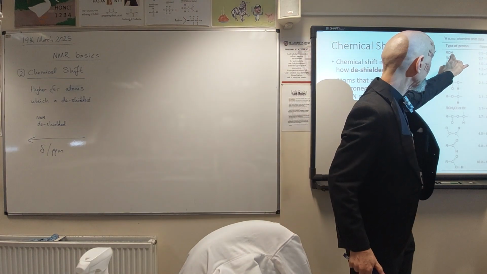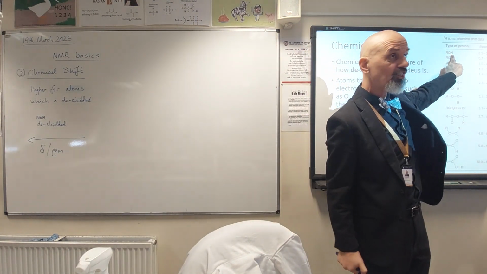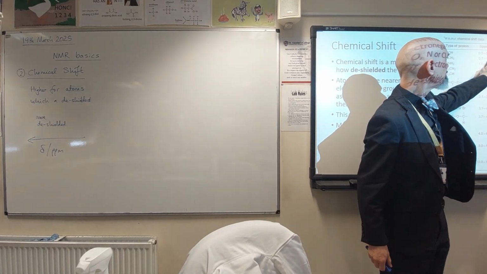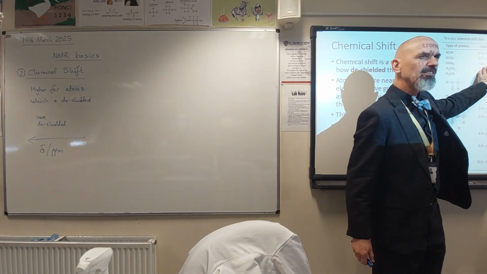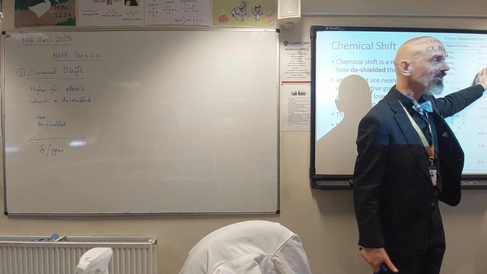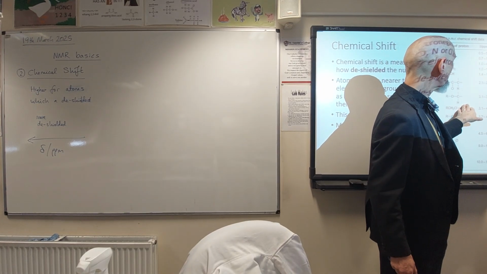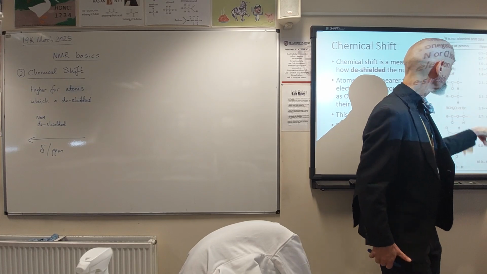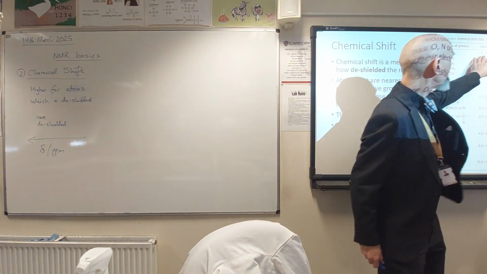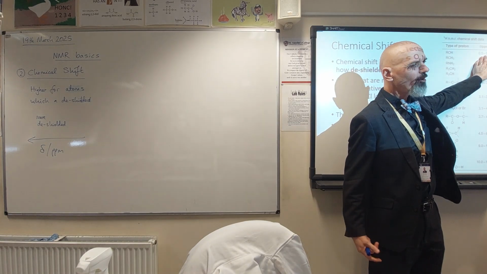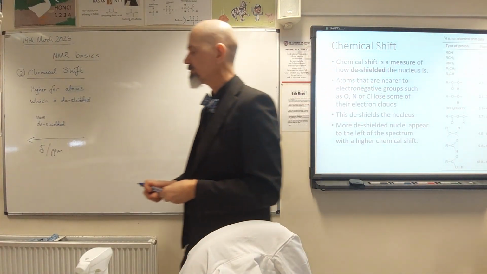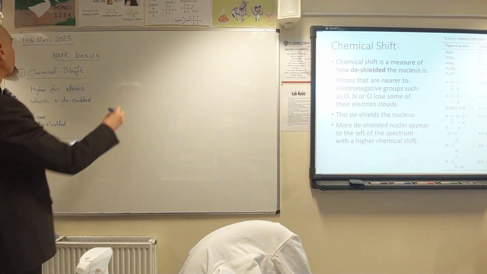For example, the alcohol OH can appear anywhere between 0.5 and 5. Now 0.5 you'd think is around about the boring alkane, nothing special, no electronegative groups at all, going up to 5, which is more like esters and so on. So that's a big range. OH is complicated for another reason, which I'll come to in a minute as well.